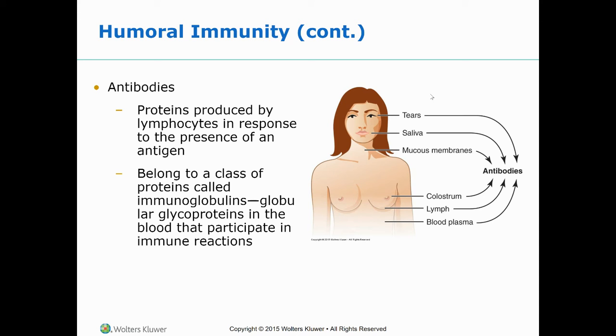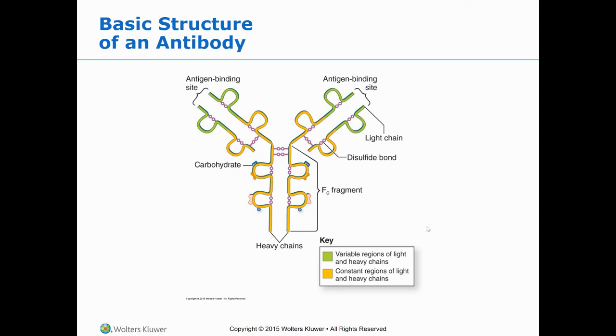Your blood plasma has it. Saliva, tears, those have it too. Partially the reason why you have saliva is to get rid of the bad stuff that you can either breathe in or that can be found in your food that you didn't know about. It also starts the process of breaking down your sugars, but that's a whole other thing. Same thing with tears and mucous membranes. Those all have antibodies within them.